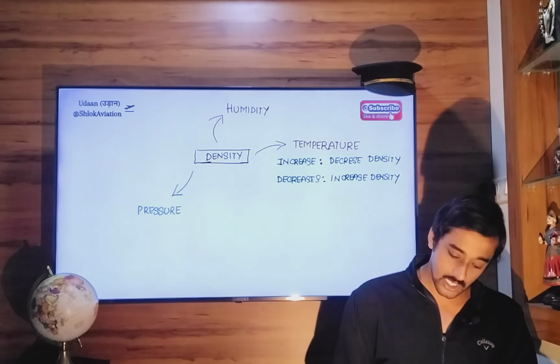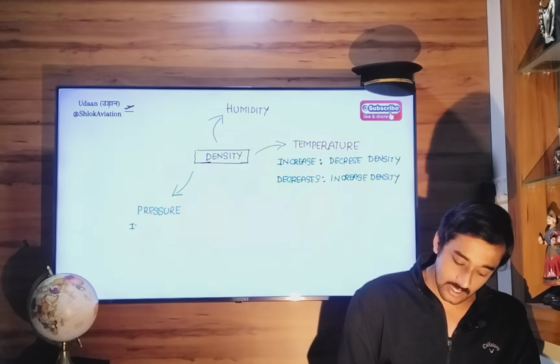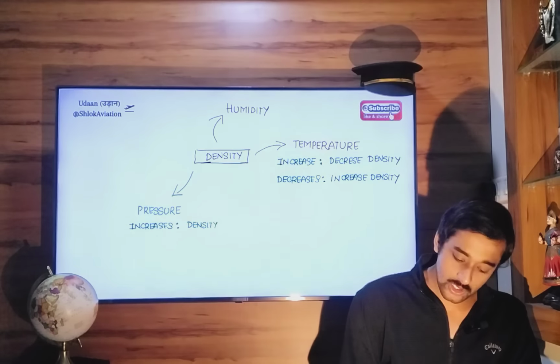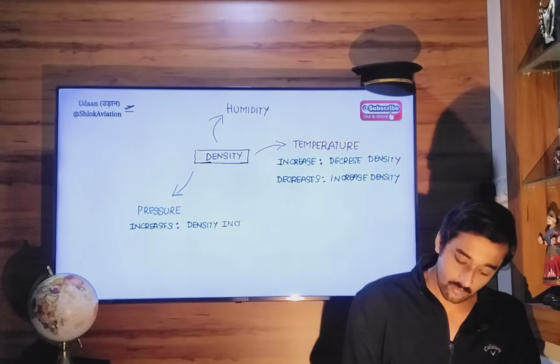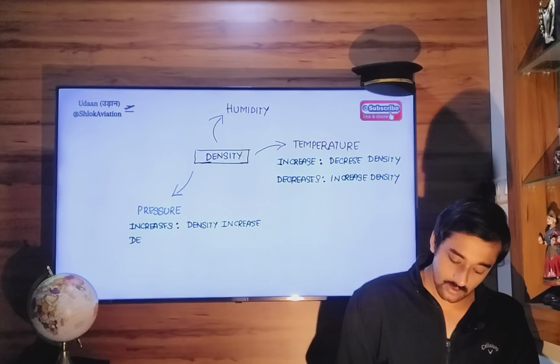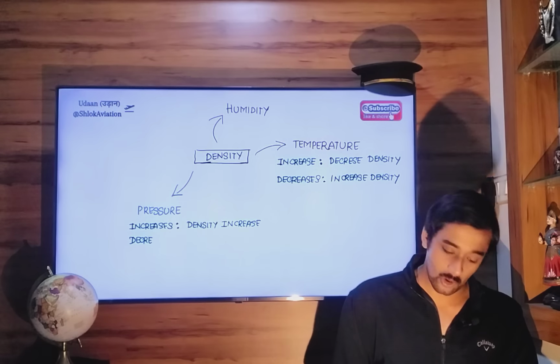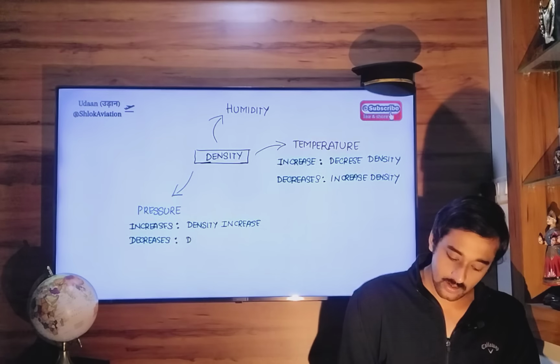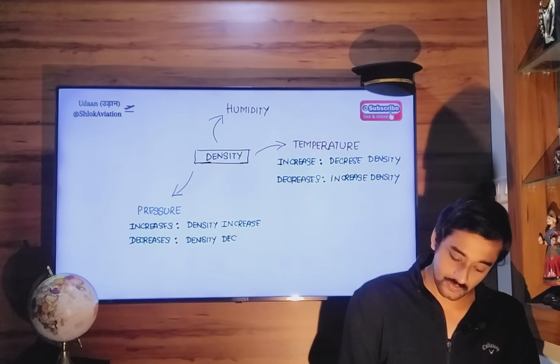Next, atmospheric pressure. Now, if atmospheric pressure increases, the density of air will also increase. If atmospheric pressure decreases, as it does when we go to higher altitudes, density of air will also decrease.